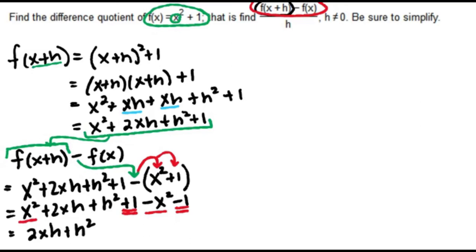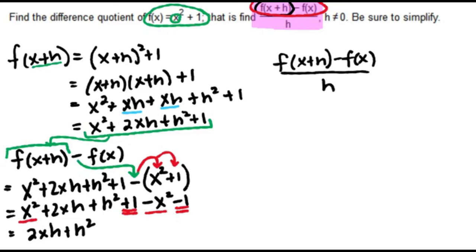So we've calculated the entire numerator, and in my final step, we're going to calculate the entire difference quotient. That's f of x plus h minus f of x over h. And once again, I'm going to reuse my work. We calculated the whole numerator to be 2xh plus h squared.